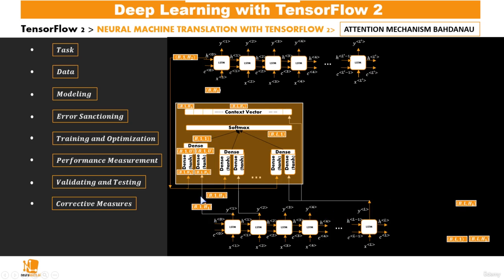We see how this output position is going to be compared with each and every input position right here. The dimensions have been put so that it can be understood very clearly.